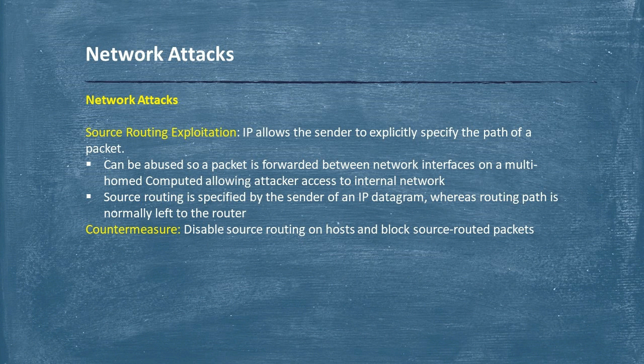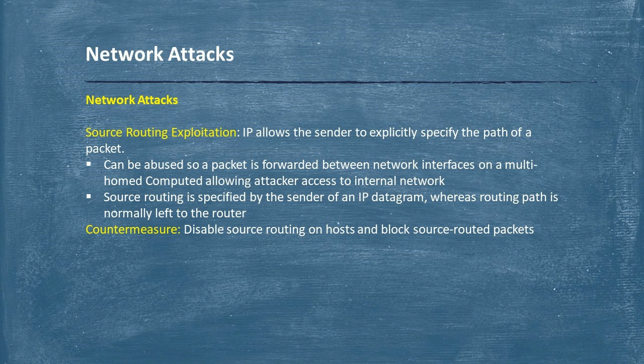This can be abused, so a packet is forwarded between network interfaces on a multi-homed computer, allowing attackers to access the internal network. Multi-homed is another terminology one should understand. Multi-homed is nothing but a computer having multiple NIC cards, network interface cards, so it will have two IP addresses if it has two NIC cards.